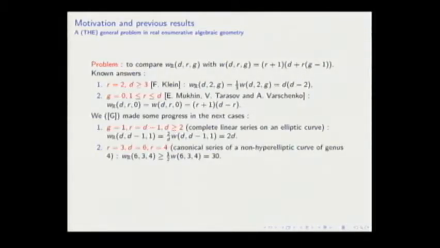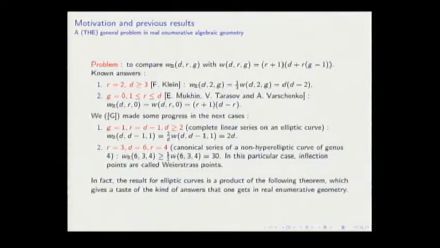And we made another contribution for rank 3. So this is about spatial curves, and in the case of the canonical embedding of a non-hyperelliptic curve of genus 4. So in the particular case, when you use the canonical series, these are called Weierstrass points.